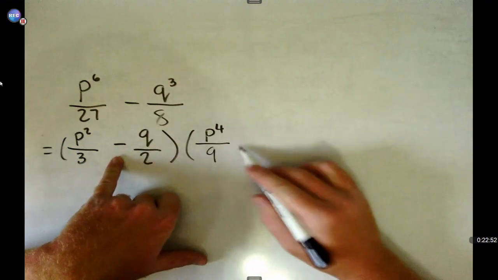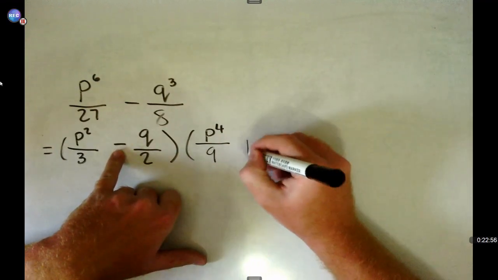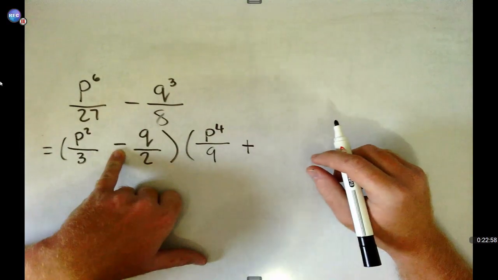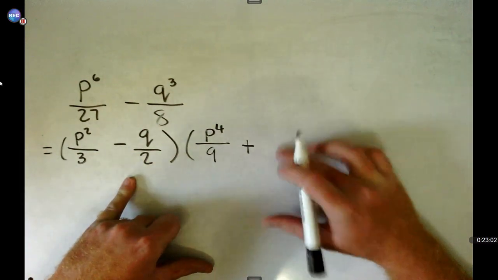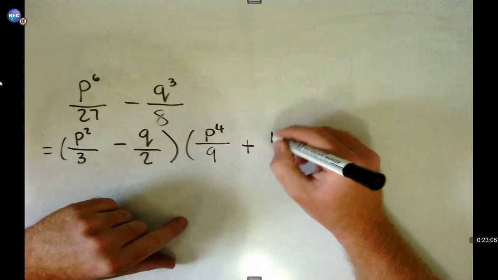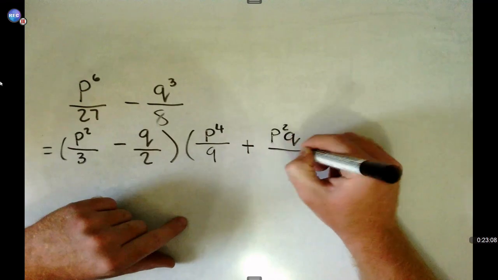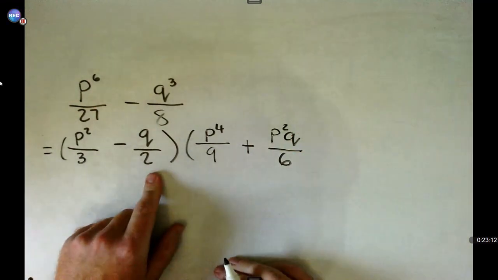Obviously our second sign over here is the opposite of what we've got there, which is a positive. Then we need to multiply these two with one another to create the second term. So p squared times q would give me p squared q. And then 3 times 2 will then obviously give me 6.